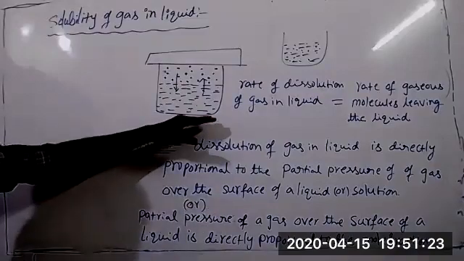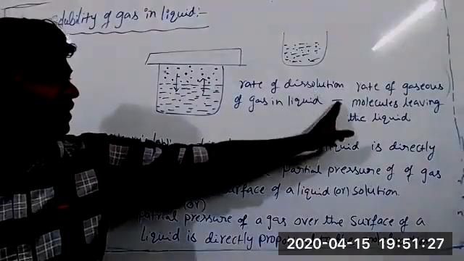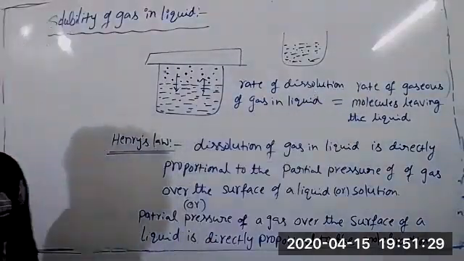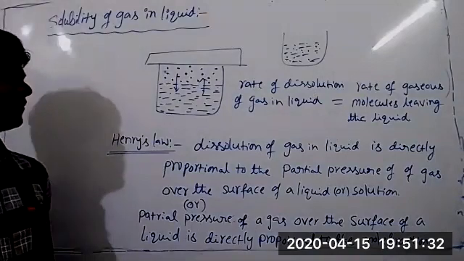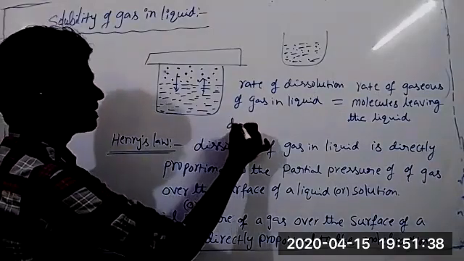And draw this diagram also. Diagram, and note this point: rate of dissolution of a gas in liquid equals the rate of gaseous molecules leaving the liquid. Right, here dynamic equilibrium exists.